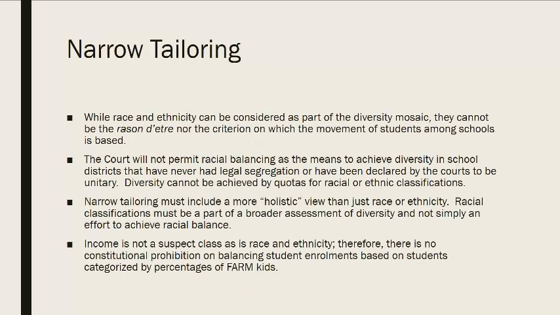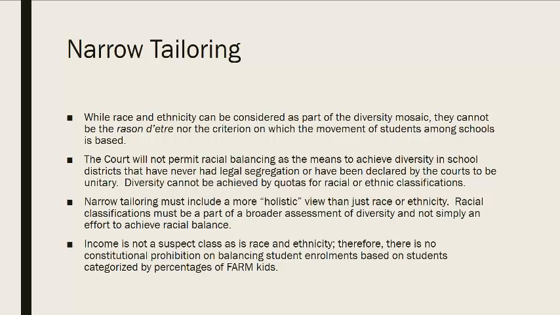And this is an important thing here, narrow tailoring. Narrow tailoring says that while race and ethnicity can be considered as part of the diversity mosaic, they cannot be the raison d'etre, nor the criterion on which the movement of students among schools is based. The raison d'etre means the reason for being. Okay.